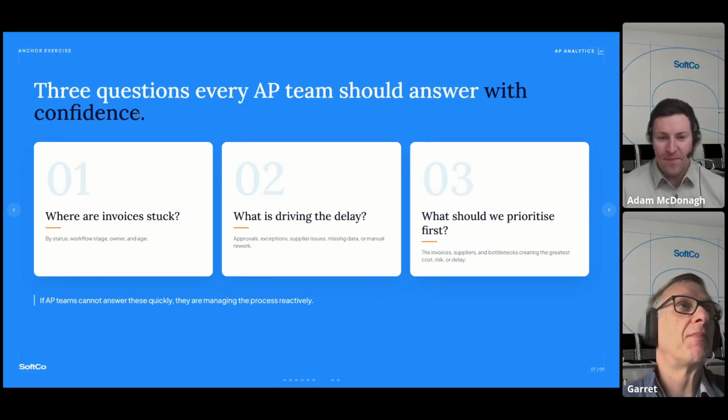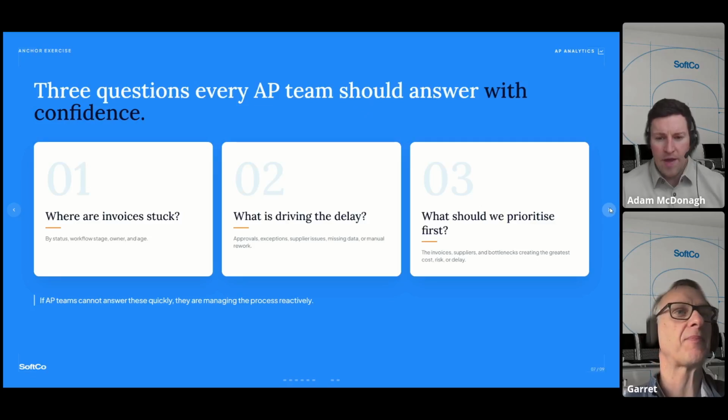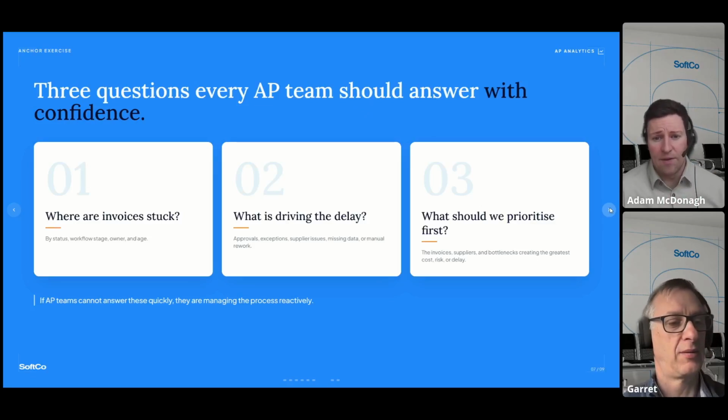So yeah, we were talking about trying to answer some of the key questions that AP have. So being able to see where the invoices are stuck, what's driving any delays, and being able to know what to prioritize based on having all of that information to hand. Yeah, so it's those type of invoices, Garret. Is there an early payment discount available?